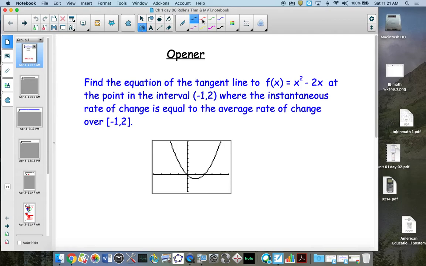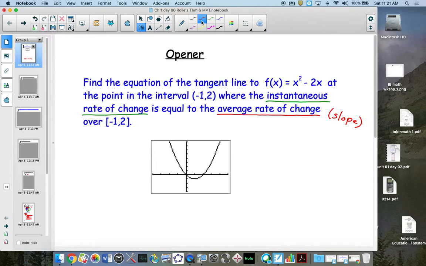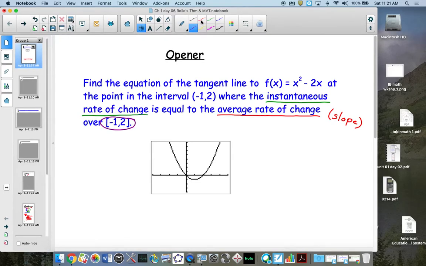There are two important phrases. There's the average rate of change, which basically just means slope. And then there's the instantaneous rate of change. And the interval that we're dealing with is from -1 to 2.